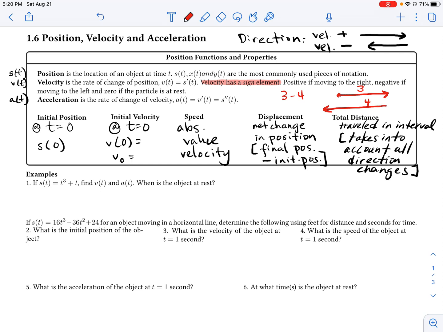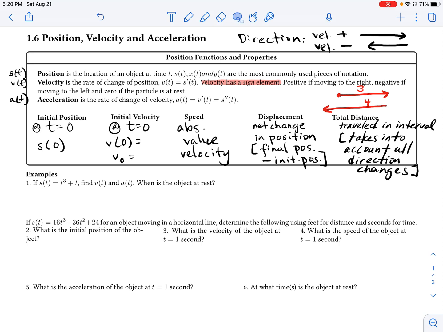However, what is the total distance traveled here? The total distance traveled here would be 7, because you can think of it as 3 steps forward, 4 steps back. You've taken a total of 7 steps. But right now, compared to where you were initially, you really only have moved -1 steps back, or 1 step back, if you will. So that's one way of thinking about displacement versus total distance.